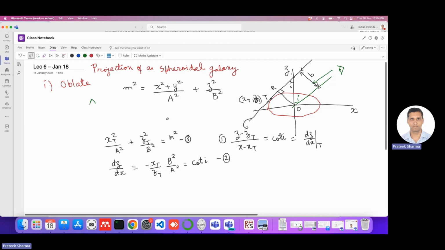This point is point Q. OQ is nothing but the z coordinate on the x equals 0 axis.